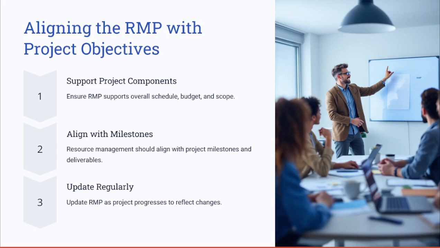If you add any changes to the scope, you also need to account for the resources needed to counter this change that you have made in the scope. As the project conditions evolve, the RMP should be updated to keep the resources aligned with the project goals and deliverables.